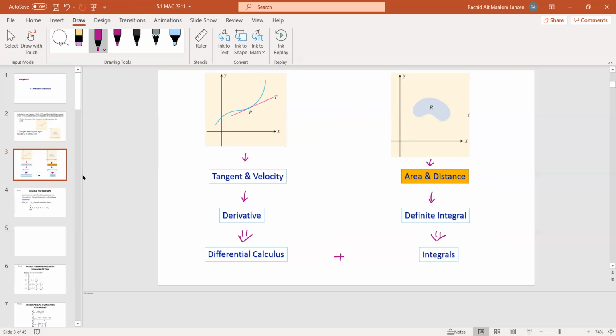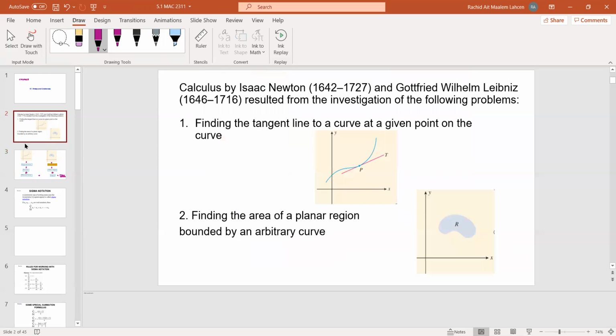And if you look at differential calculus and the integrals, they're going to give us the fundamental theorem of calculus. And we're going to see that in chapter 5. So this is kind of the main story. There is a connection from the beginning to the end.